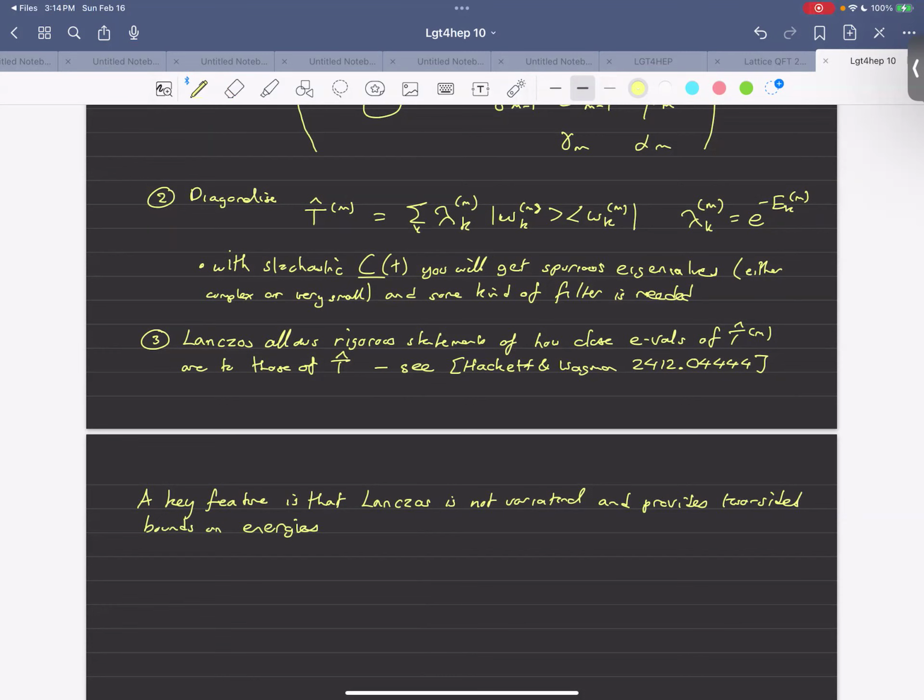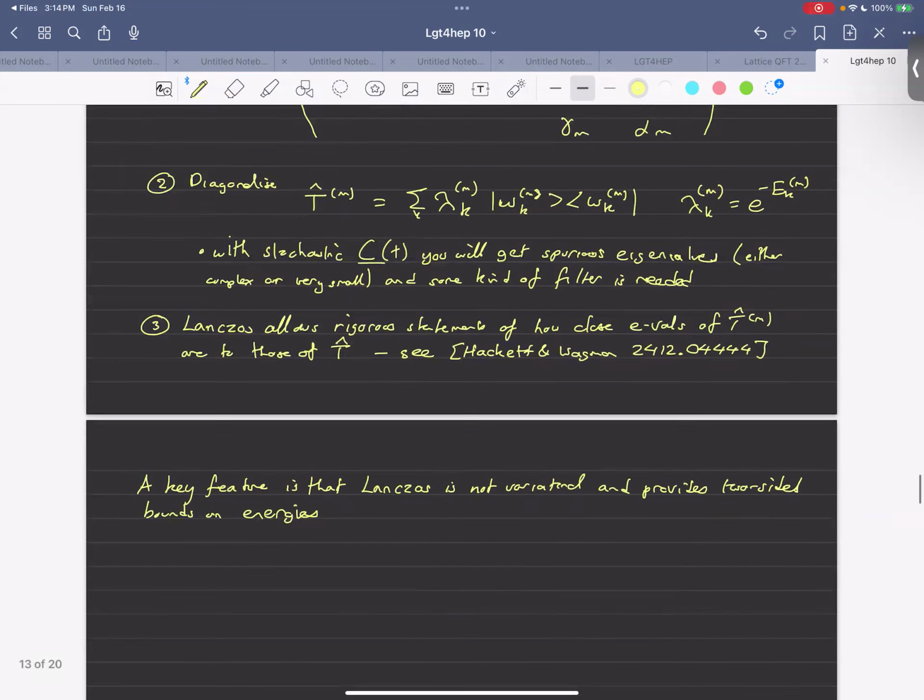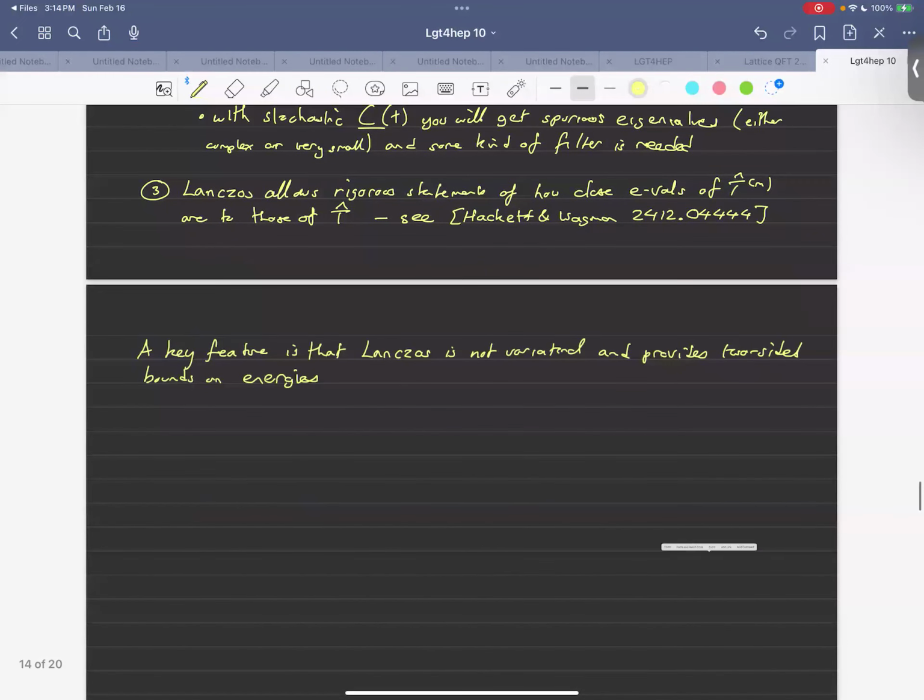And it's also a superset of the GEVP problem.